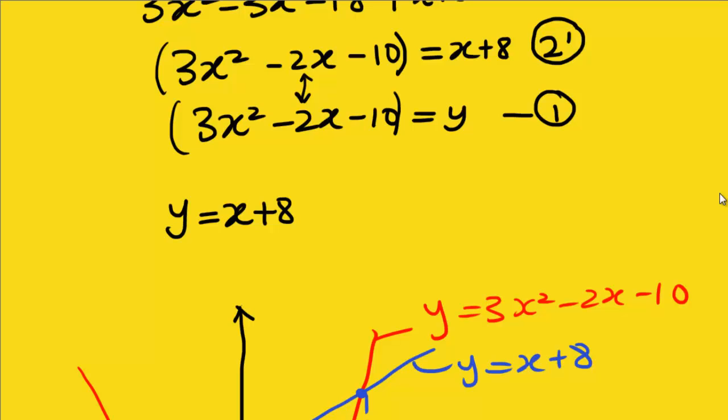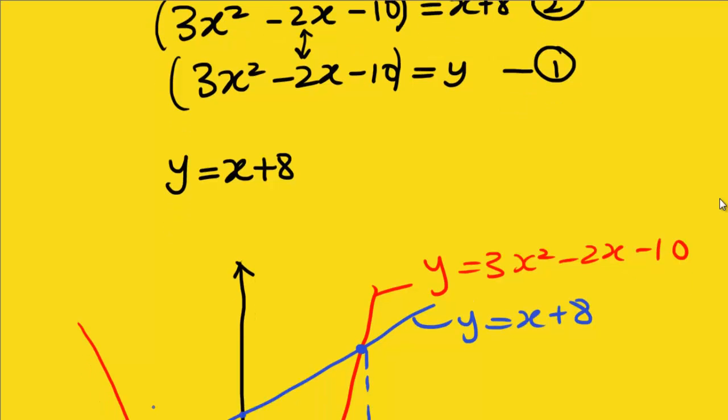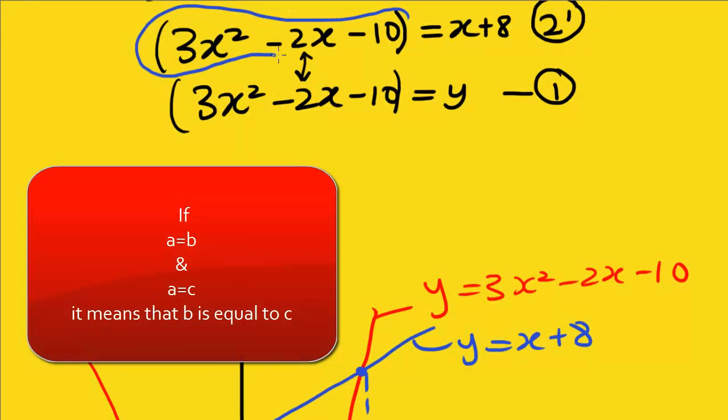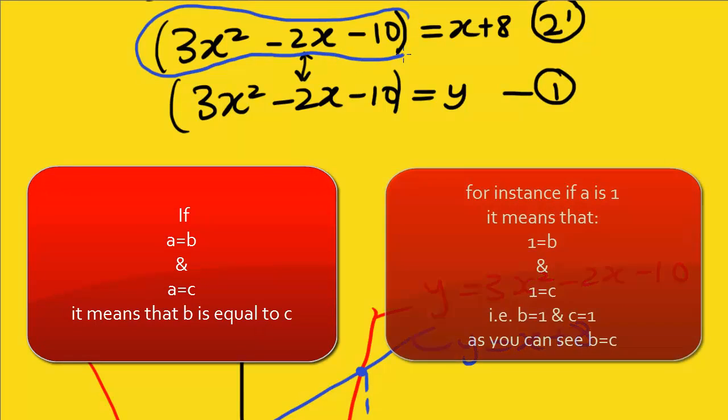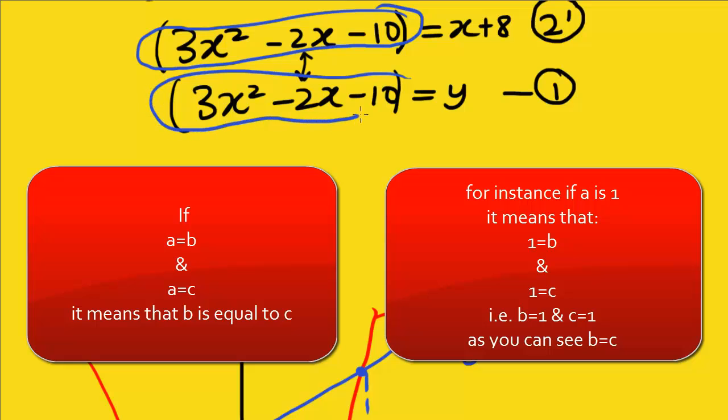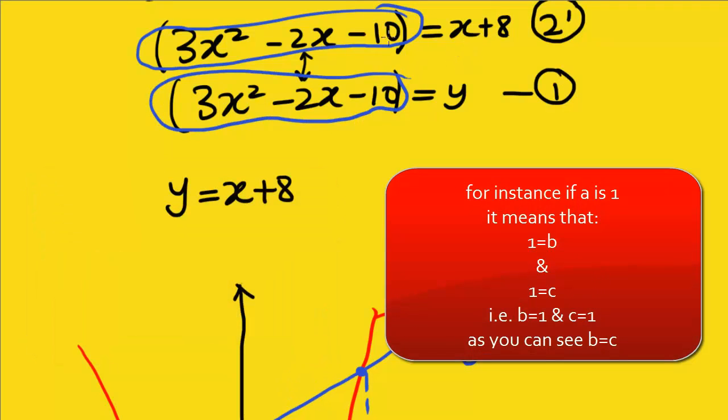and you determine what alpha is, as I've shown so many times now, and you get a situation where you have the equation you're asked to solve here, and you can see that its left hand side, 3x squared minus 2x minus 10, is the same thing as the left hand side of the equation of the given graph, which means that the right hand side of both these equations must be the same, which means that y must equal x plus 8.